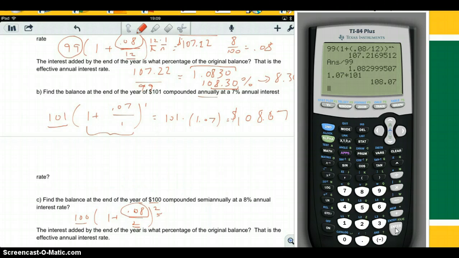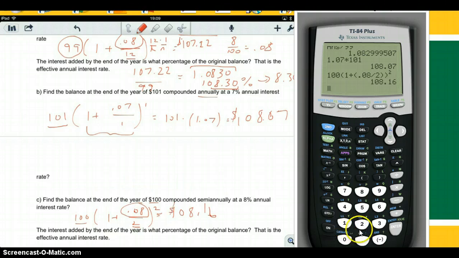So that's equal to 100 times 1 plus 0.08 divided by 2, and to the power of 2. Okay, so the answer is $108.16.